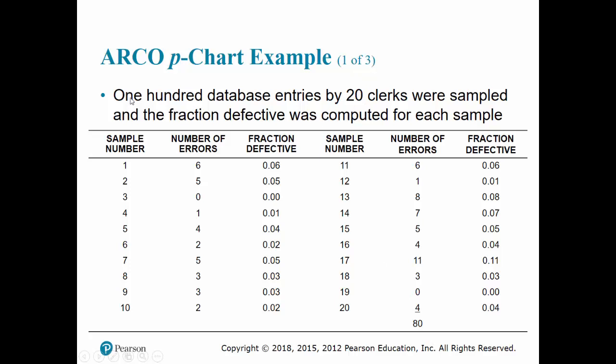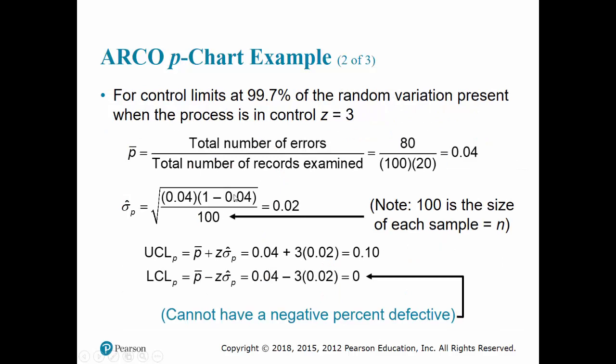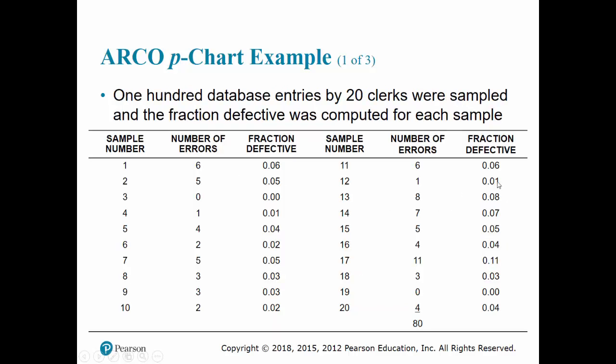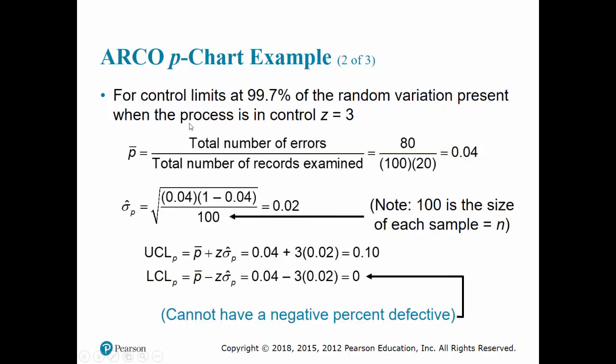With 20 clerks, 100 each, that's 2000 entries with 80 errors. If you divide 80 by 2000, you get P bar. You can also get that by simply averaging these fraction defectives. Then plug that into this formula and you get sigma hat sub P.